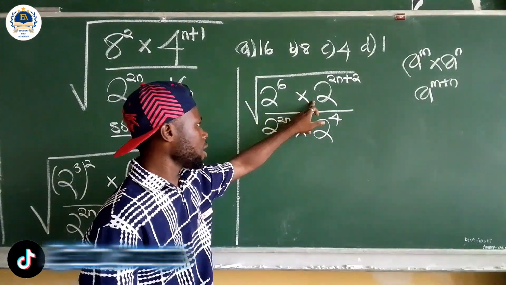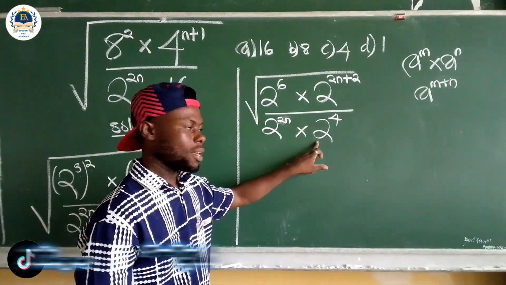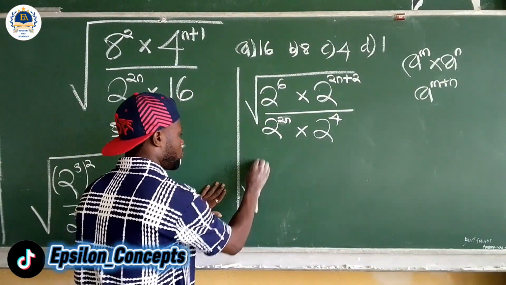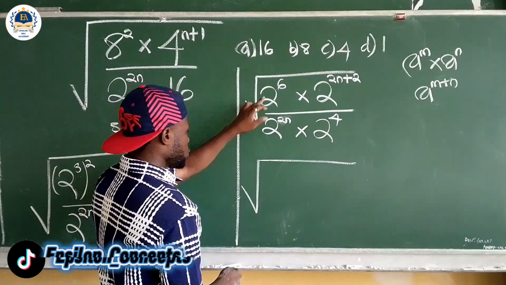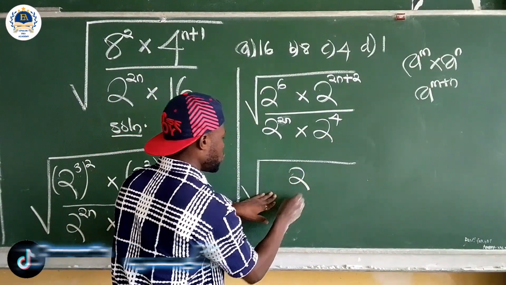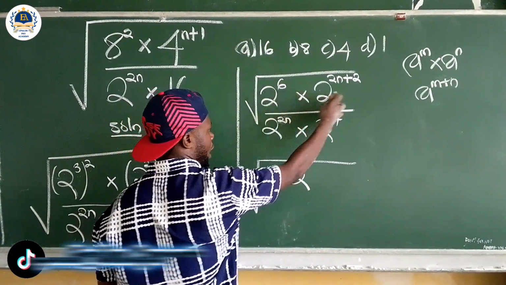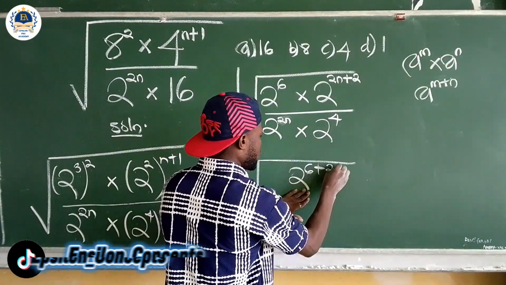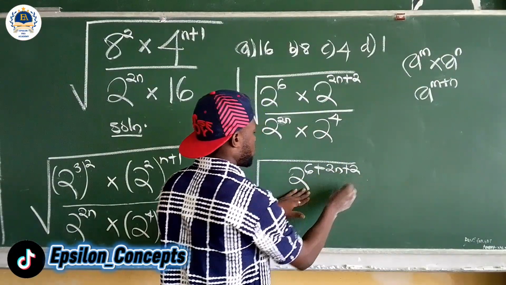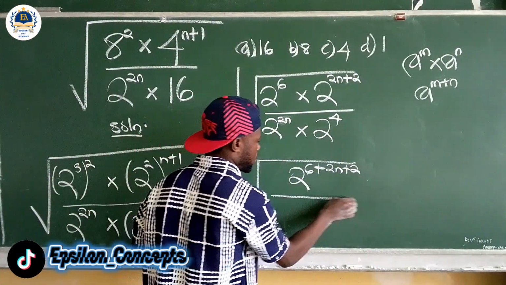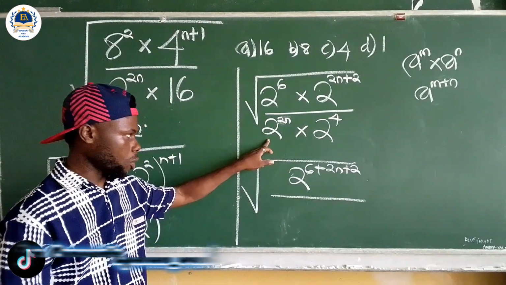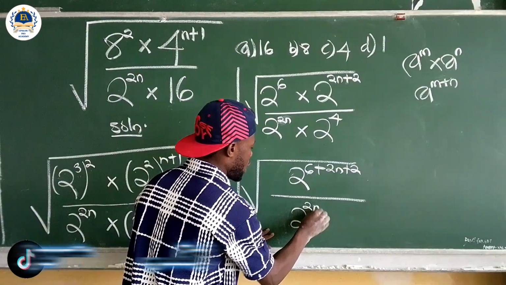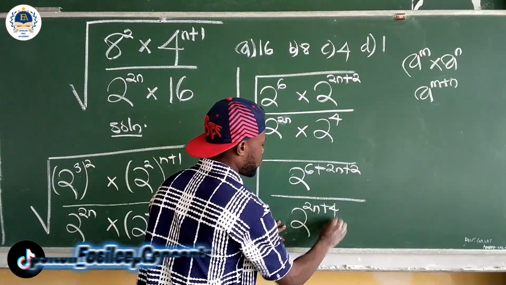So since we have equal bases here, their powers will be added. That becomes the square root of 2, and from the numerator, 6 will be added to this. So 6 plus 2n plus 2, all divided by the same in the denominator, 2 raised to the power of 2n plus 4.